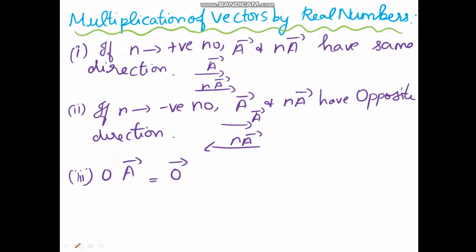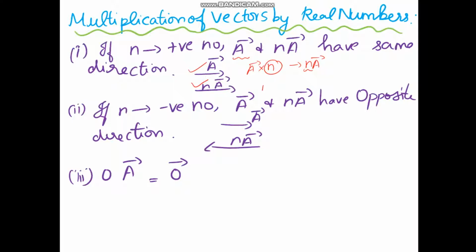Before seeing the meaning of magnitude, let us see certain rules. Suppose we have a vector A vector and we are multiplying the A vector by a positive number n, which gives nA vector. Since n is a positive number, both A vector and nA vector are in the same direction.